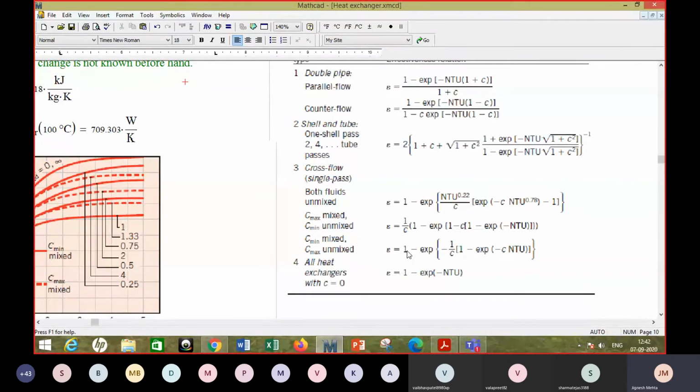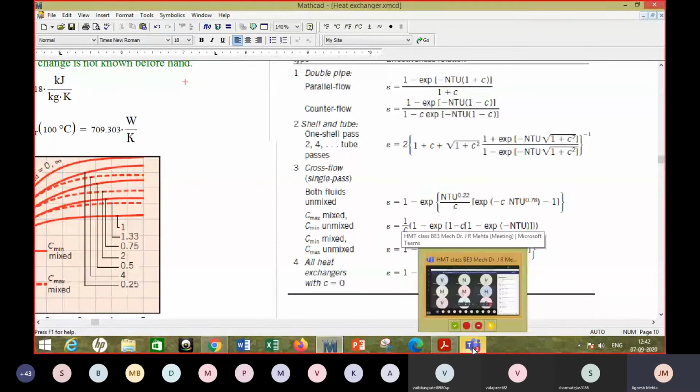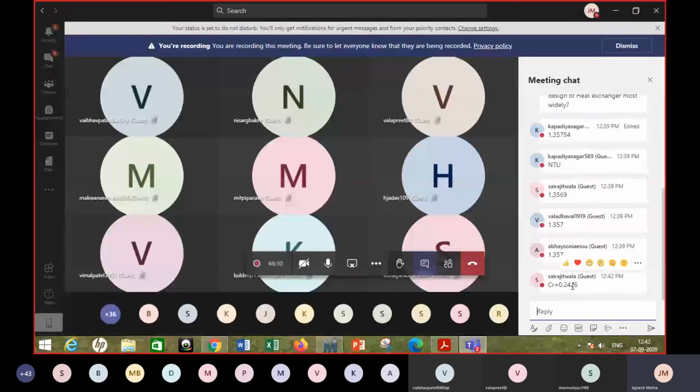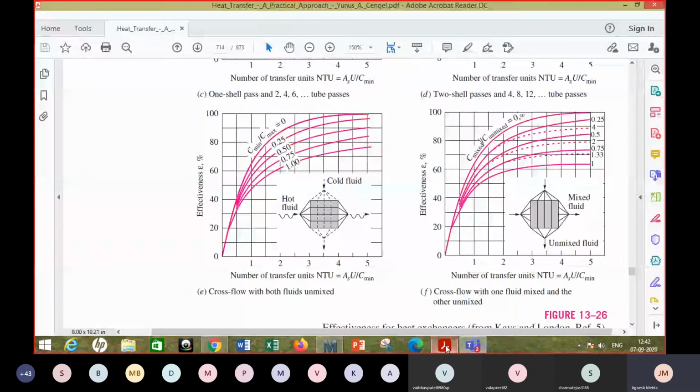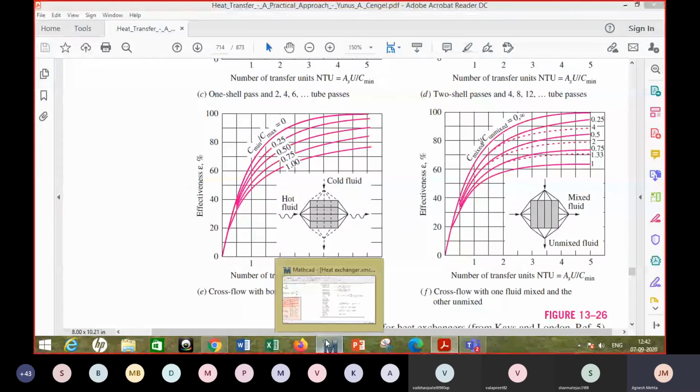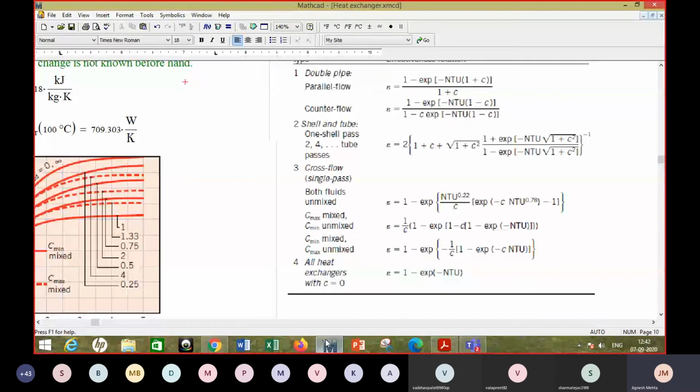Getting CR is very easy: it is C minimum upon C maximum. And which formula should I use out of these?